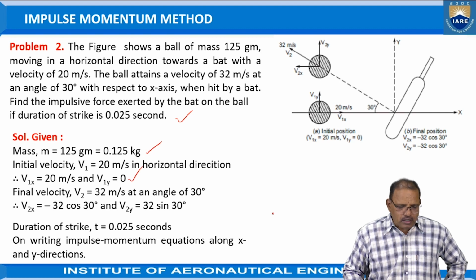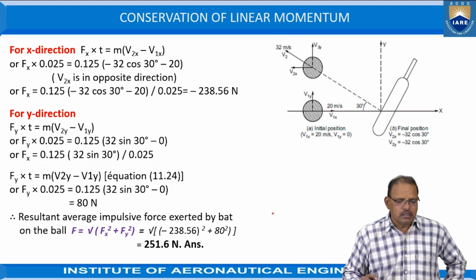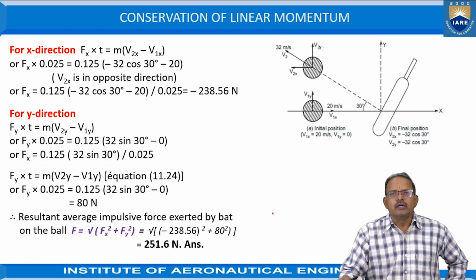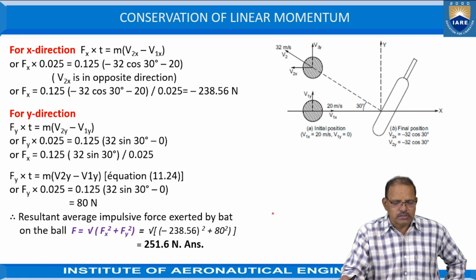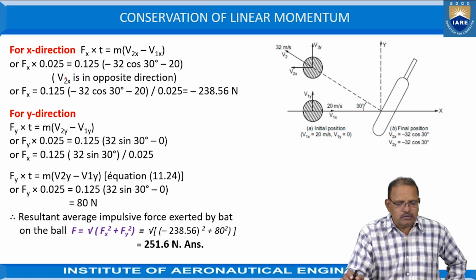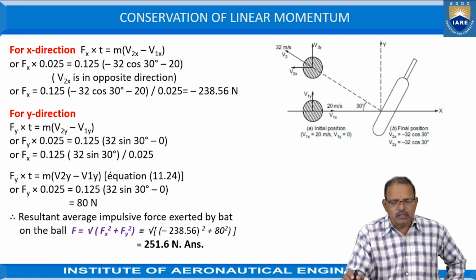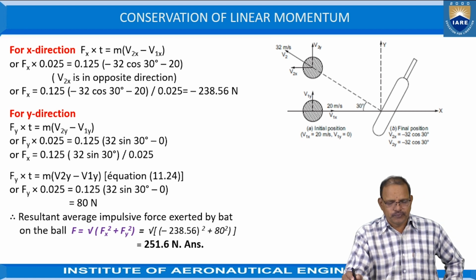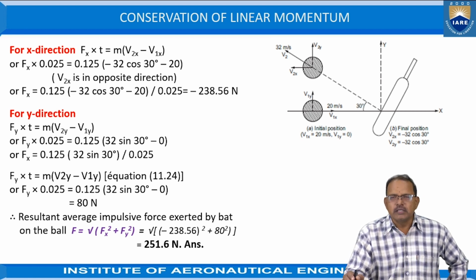Writing the impulse-momentum equation along the x direction and y direction. Along the x direction, the impulse Fx into t is equal to change in momentum, which is m into (v2x minus v1x). So from this relation, we get Fx into 0.025 is equal to 0.125, that is the mass of the ball, into (minus 32 cos 30 minus 20), that is v2x minus v1x.